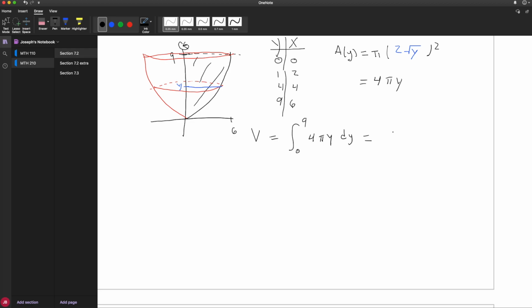The 2 will cancel with that 4 to give 2 pi y squared, I believe. And this goes from 0 to 9. And we plug in 9, we get 2 pi times 9 squared minus, plugging in 0, everything goes away here. So 9 squared is 81, and multiply that by 2 pi, I think we get 162 pi.